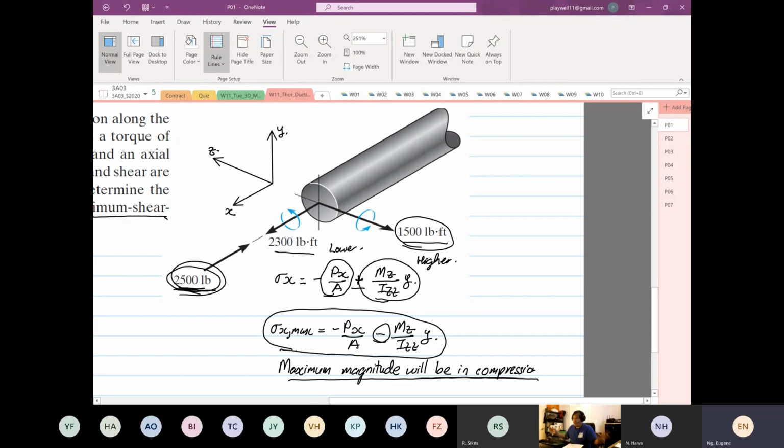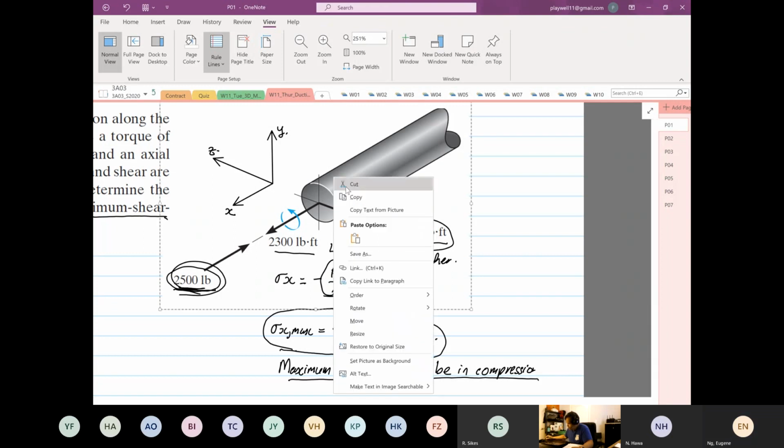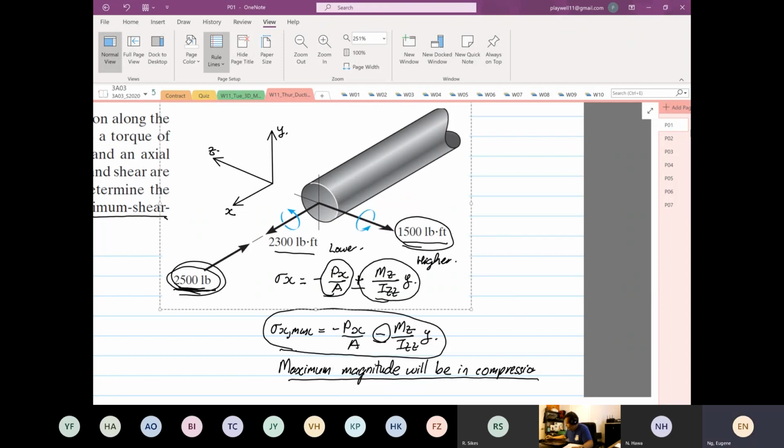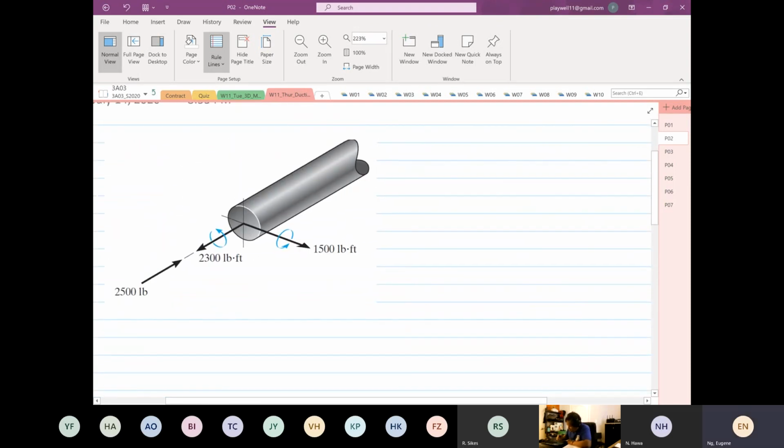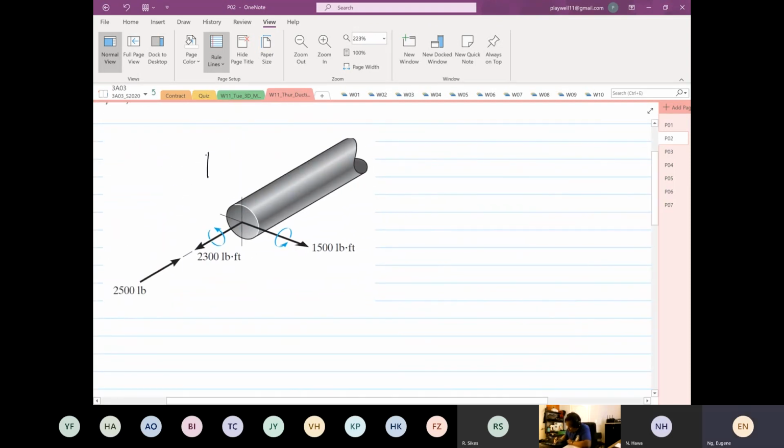And now we are going to combine our shear stress and bending moment. So what do I mean by that? Let's look at the structure again. I'm just going to copy this. Based on our transformation, I'll sketch our transformation out.